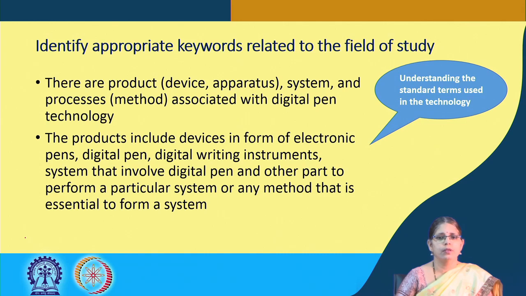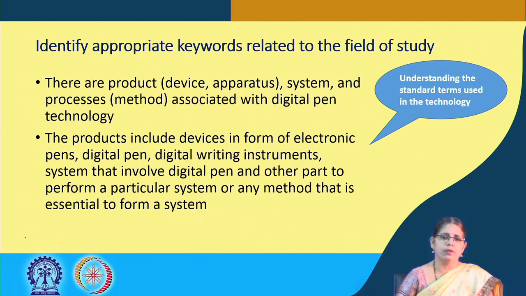So if one looks at the general view of the inventions in the area of digital pen, they are related to both product patents as well as process patents. The product encompasses the device and the apparatus, and processes are the ones with respect to the methods by which the sensing mechanism happens, the capture of the image happens, all of these.